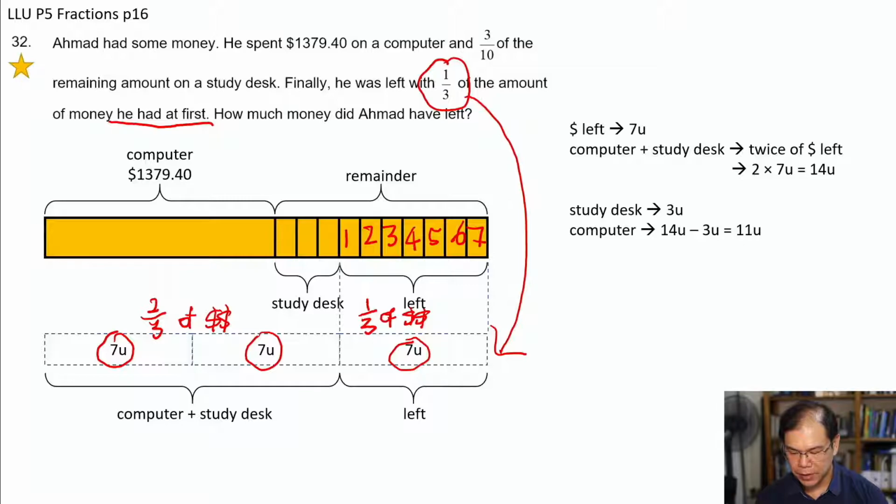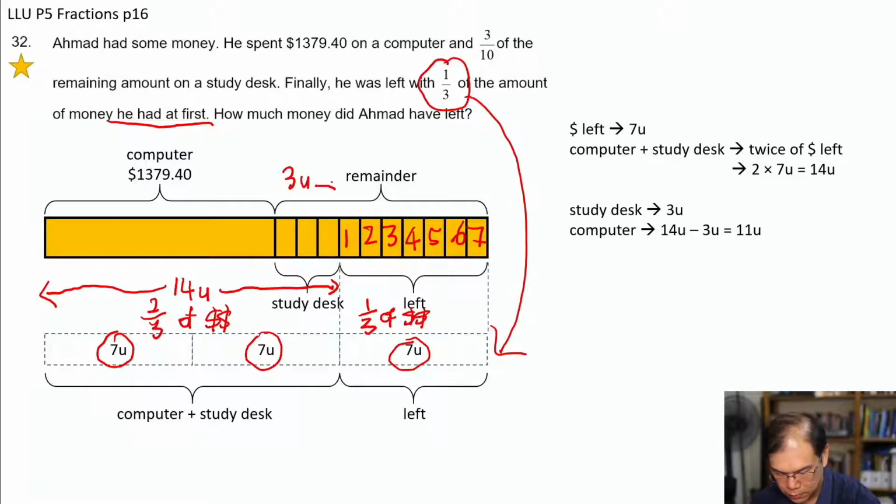So the computer therefore must be 11 units. So if this is a total of 14 units, the study desk is 3 units. So here must be 14 minus 3, 11 units.